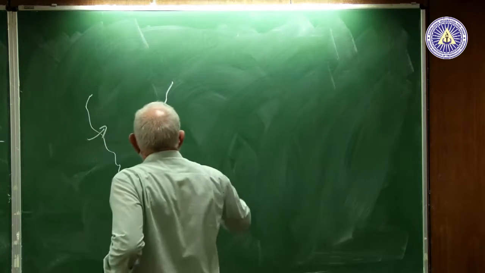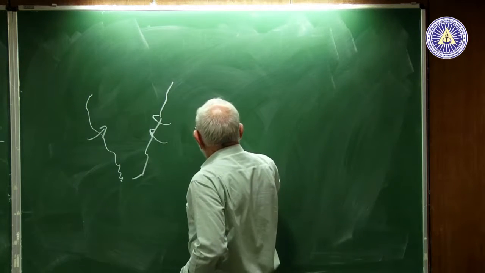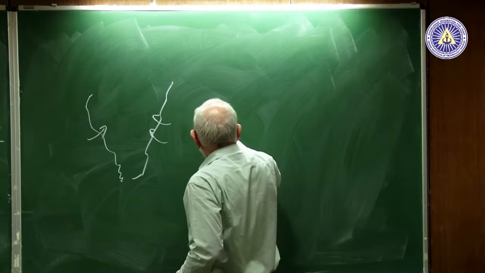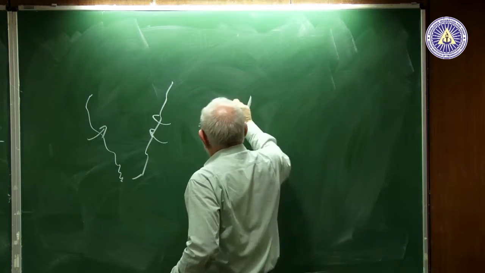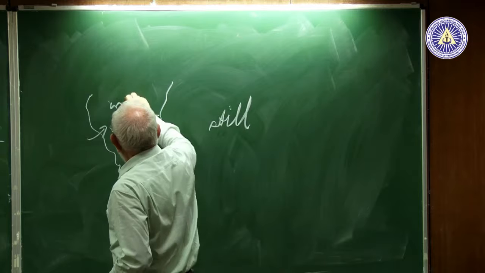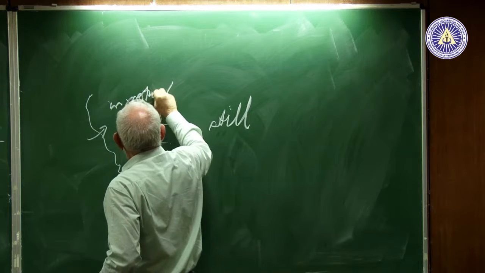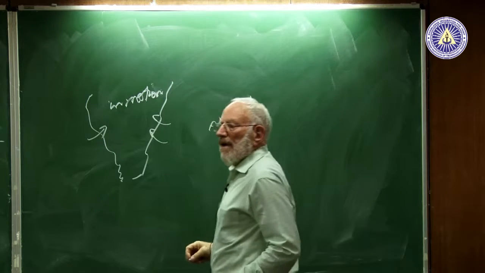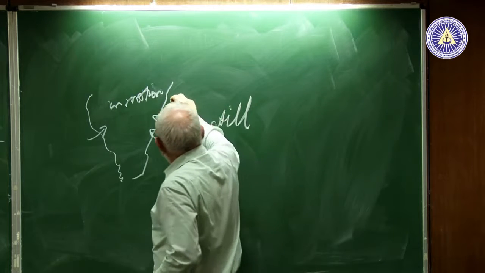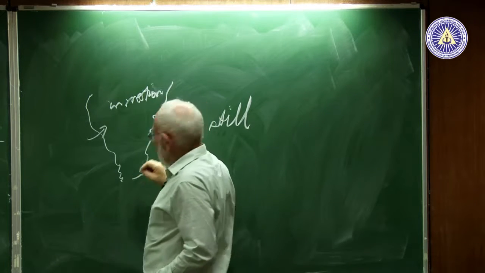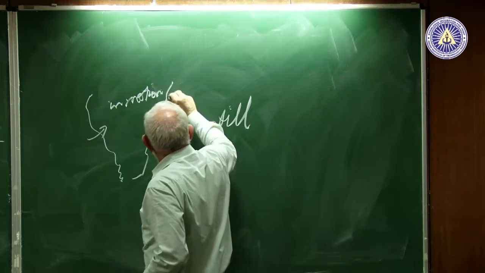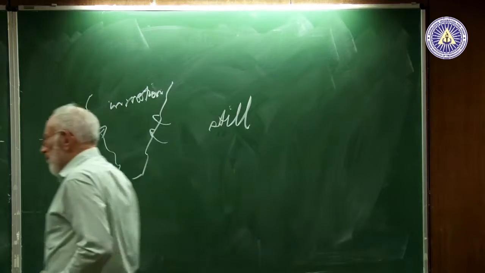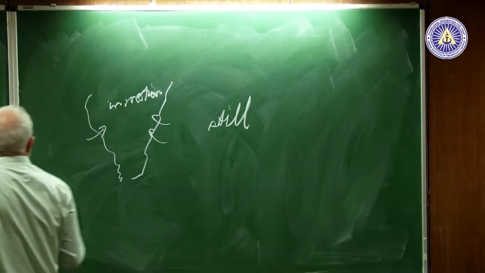Ah, because basically this is still, and this is in motion. So that relative shearing gives rise to an instability, and that instability has a certain circulation. Thank you for the question.